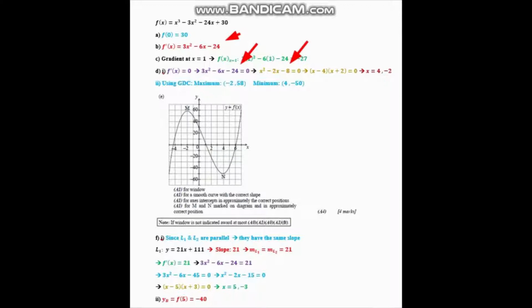Then you can factorize, getting these two values of x. And now that I've shown an understanding of how to get the x values of the turning points, I can use the GDC to get the actual coordinate points.